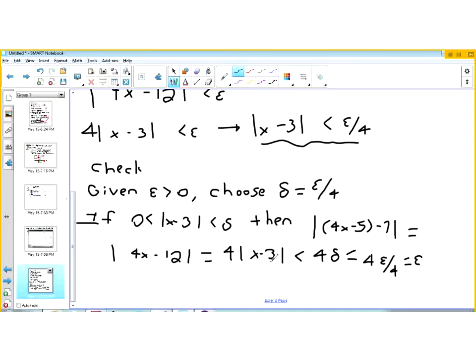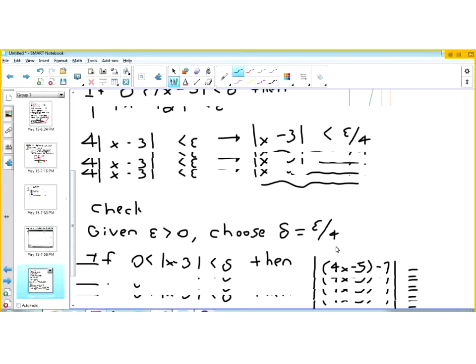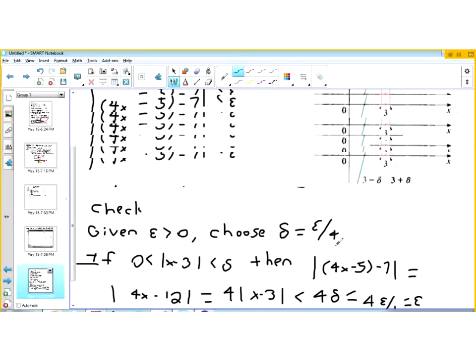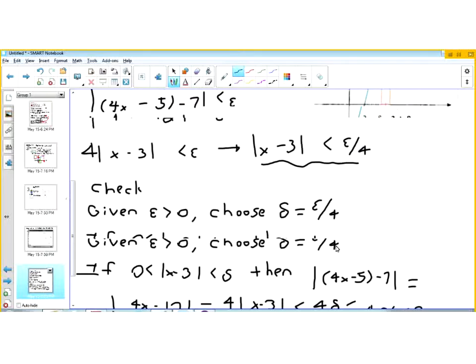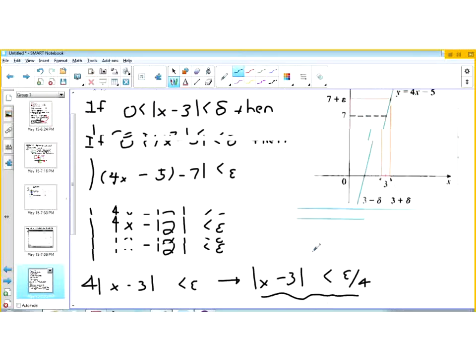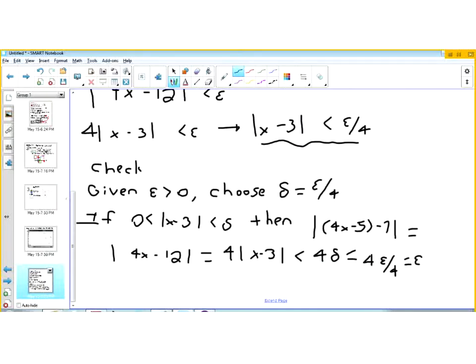So we've recovered our original if-then statement: if this, then this, which is equal to epsilon. So if you plug your choice for delta into your original if-then statement and get back epsilon as the final step right here, then your proof is correct.